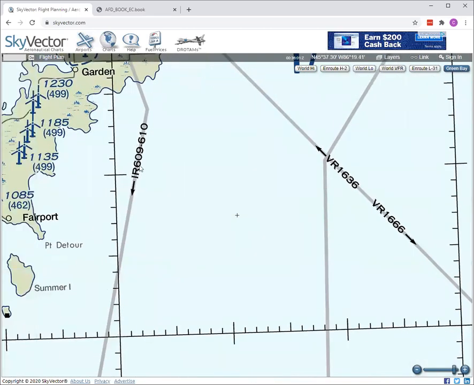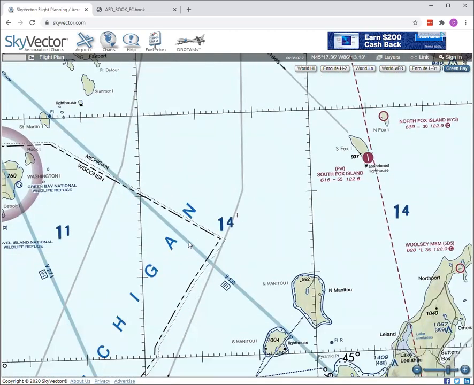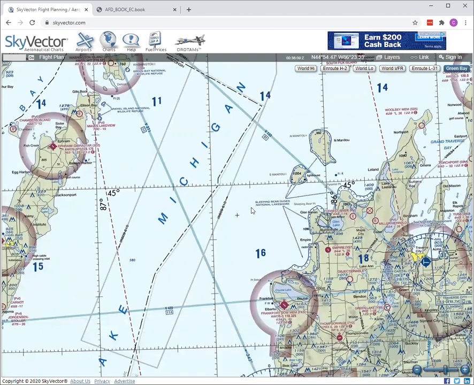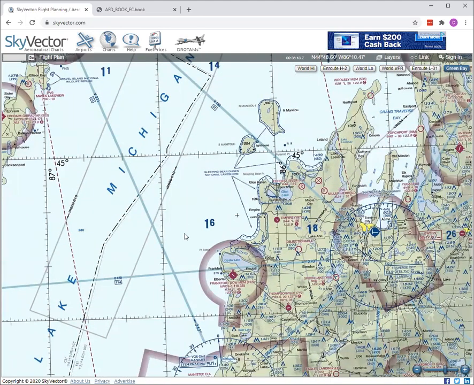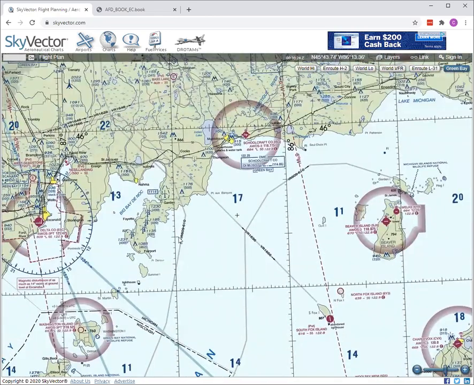And here's another, IR 6069-61. Basically, if you do cross one, you want to make sure that you're not on it. You cross it at a 90-degree angle. You don't want to be on them for too long, and you make sure that they're not active when you're crossing. These are usually low-level routes, so if you're flying at 10,000 feet or whatever, I wouldn't worry too much about them.